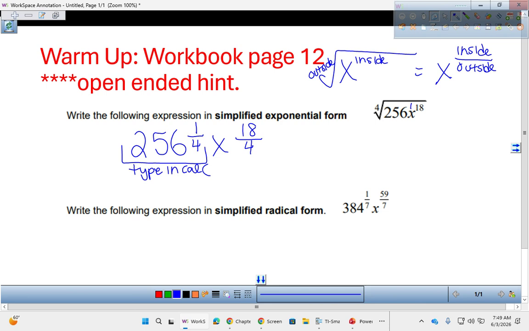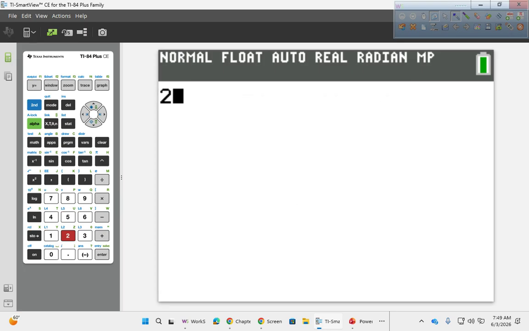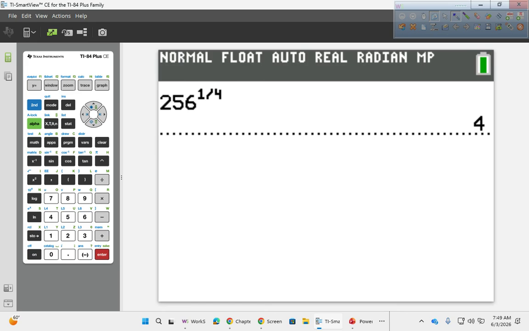So it just depends. If I type 256 to the 1/4, make sure you're taking a moment to do that because some of your calculators require parentheses around the 1/4 and some of them don't. So if you type 256 to the 1/4 in your calculator and you don't get 4, then your calculator needs parentheses when you do this.